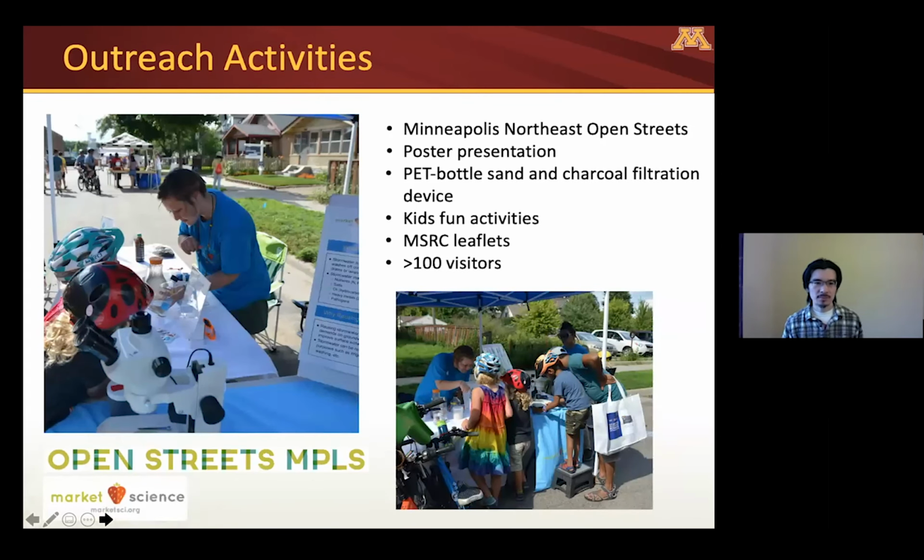Before closing my presentation, I'd like to share some of the outreach activities we did. We did an outreach event at the Minneapolis Northeast Open Streets. We did a poster presentation to explain why stormwater reuse is important to conserve groundwater resources and to improve surface water quality.